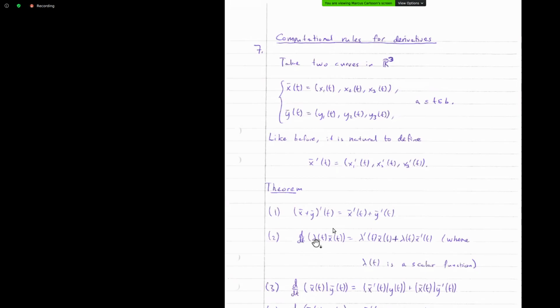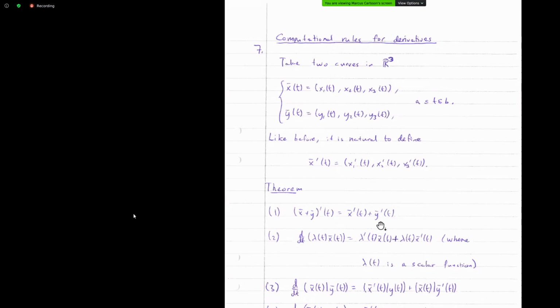If we have a scalar function lambda of t, what does that even mean? It means that you put lambda in front of x1, lambda in front of x2, and if lambda is a function, so it depends on t, what we end up having here is a product. In each coordinate you have lambda times x1, second coordinate lambda times x2, and what happens when you differentiate products? You have the product rule, right?